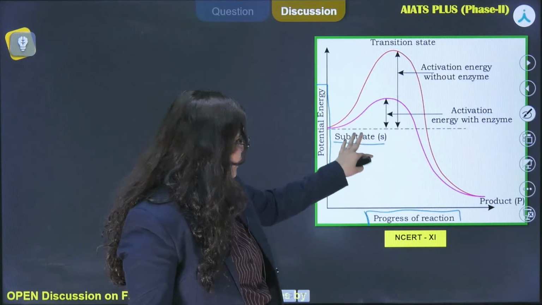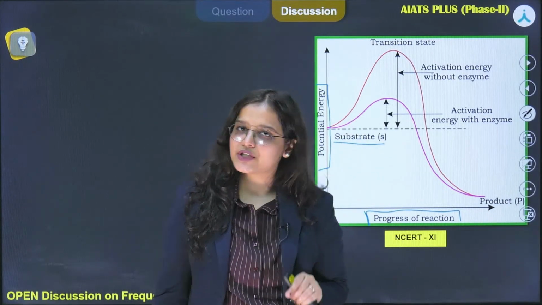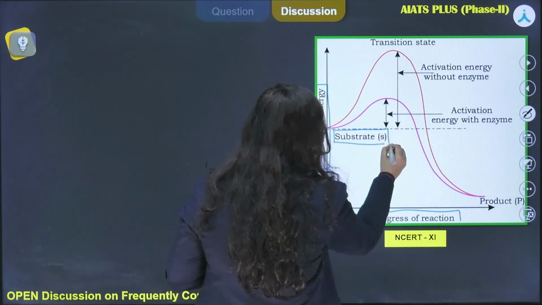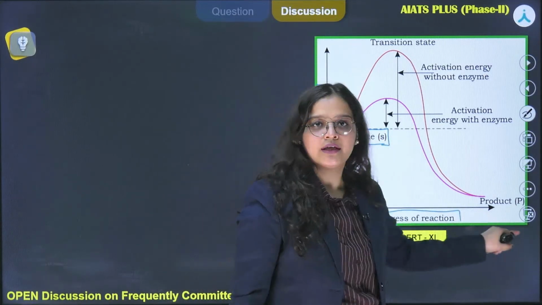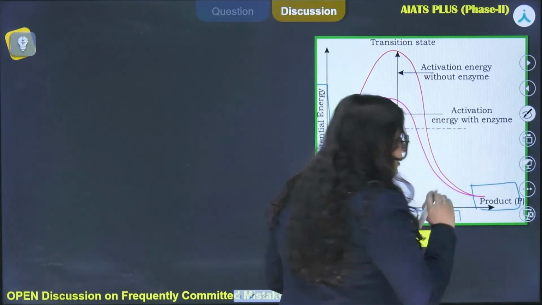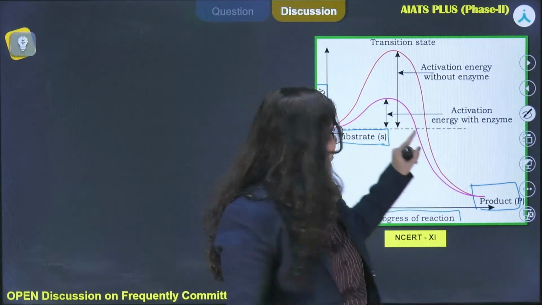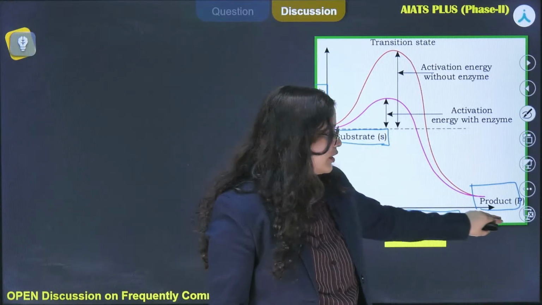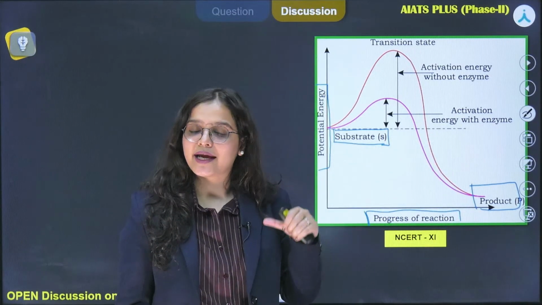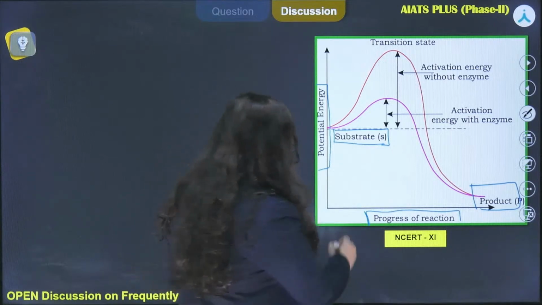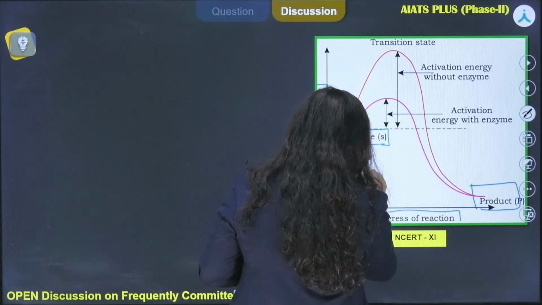So the substrate here, when we talk in terms of potential energy, is at a higher value as compared to the product. So here, although it is not mentioned in the NCERT, by looking at the levels of the substrate and the product with respect to the potential energy, I can make out that this diagram is illustrating an exothermic reaction.